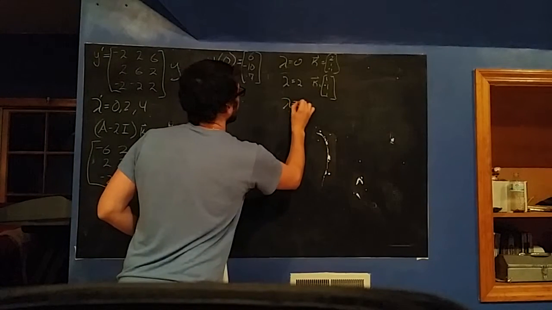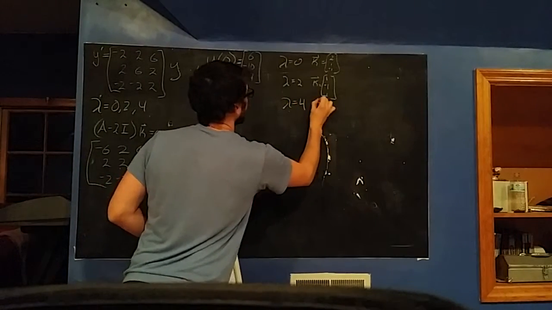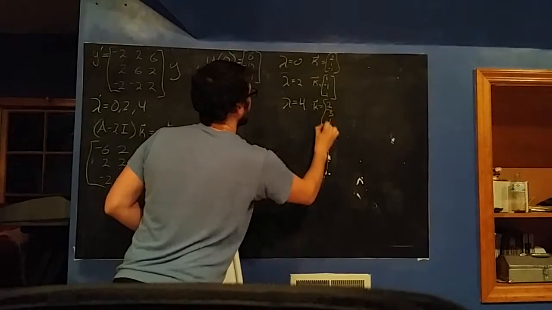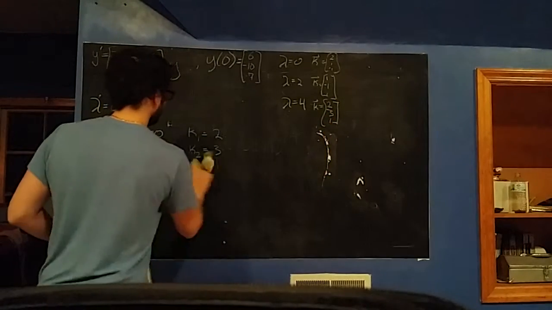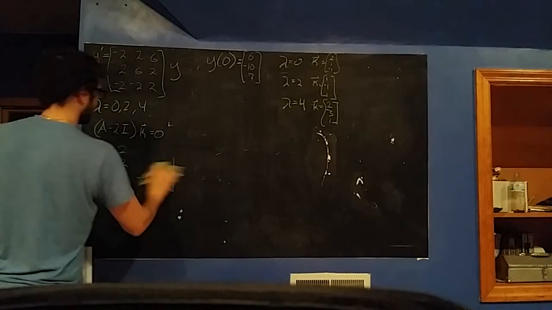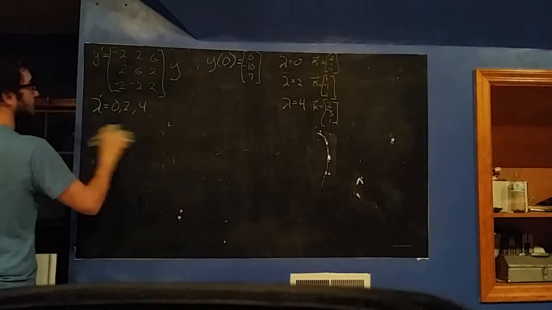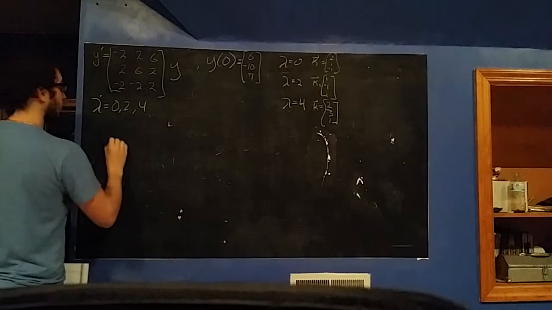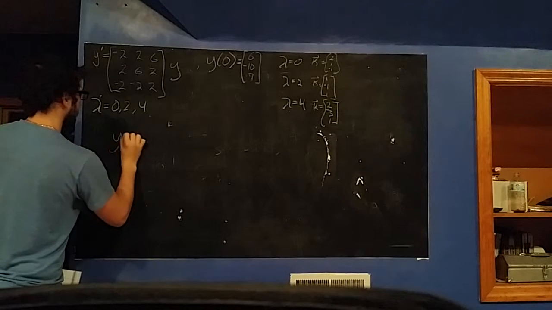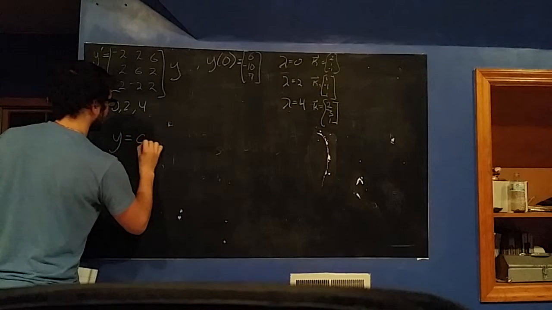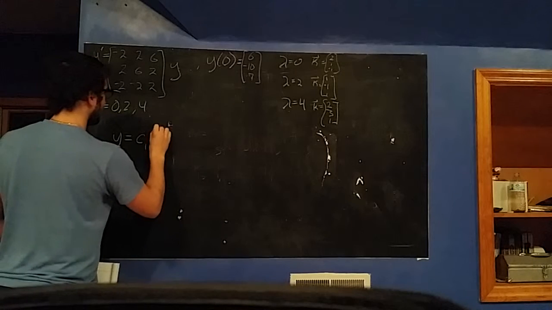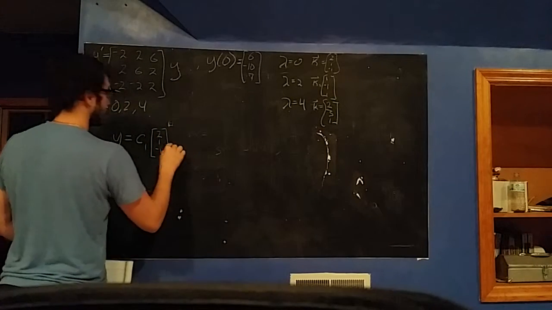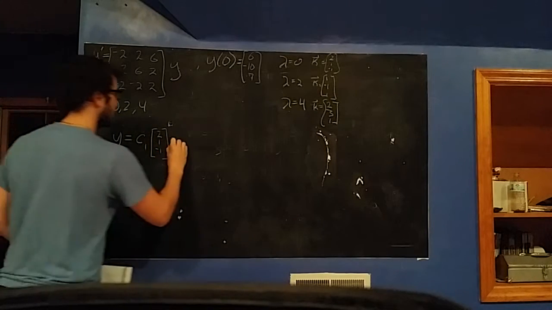So over here, we have lambda equal to 4. My k vector is going to be 2, 3, 1. And with that information right there, we're able to write an expression for a general solution. So I would say y is equal to c1, just some constant, times k1, which is going to be 2, 1, negative 1, and e to the 0 lambda is just going to be 1.